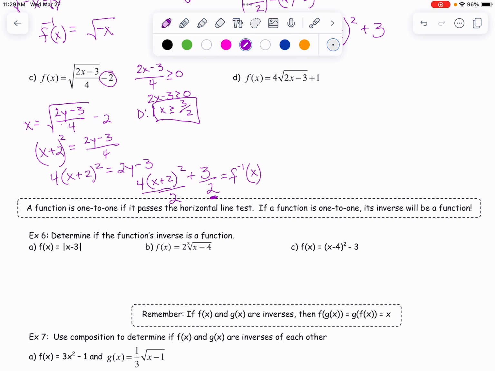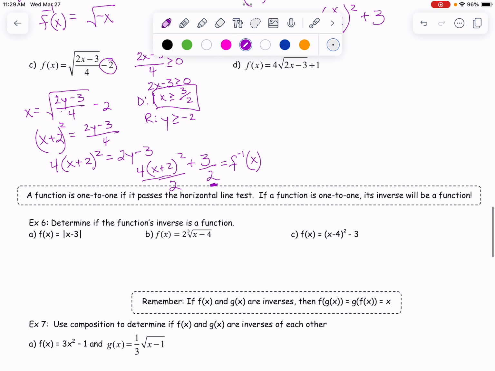Over here, your range was y is greater than or equal to -2, which means over in my new one, my domain is going to be from -2 to infinity. I'm only going to use from -2 to infinity.